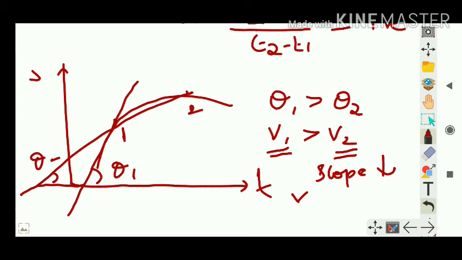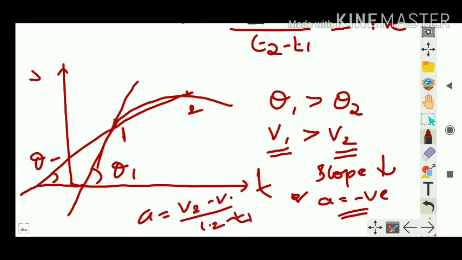Velocity is decreasing, so acceleration is negative. What is acceleration? It is v2 minus v1 by t2 minus t1, and v2 is less than v1, so it will be a negative quantity. So acceleration is negative, keep that in mind.